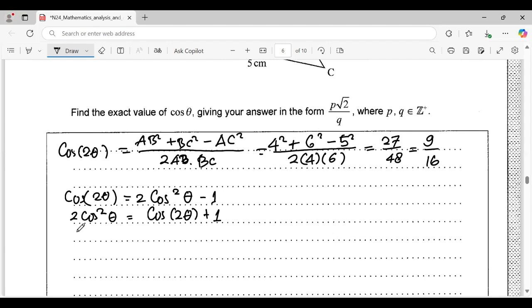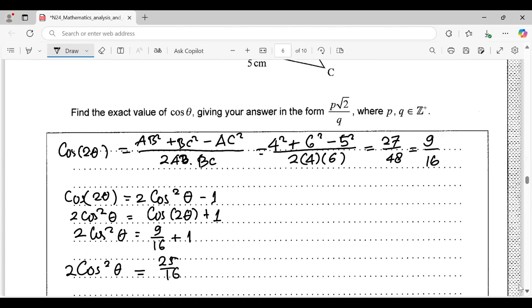Cosine 2 theta is 9 over 16, plus 1. So 2 cosine squared theta equals 9 plus 16, 25 over 16.